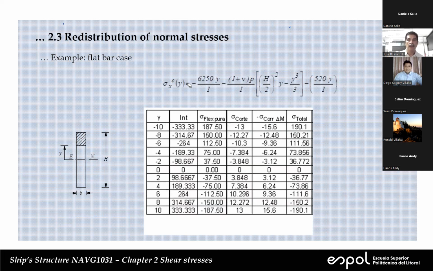So we evaluated from down here for minus 10, and we got up until here. This is plus 10. Okay, so this is the integral that we recall that it depends on y. Let me write that down so we can improve our class notes. So that's a function of y.